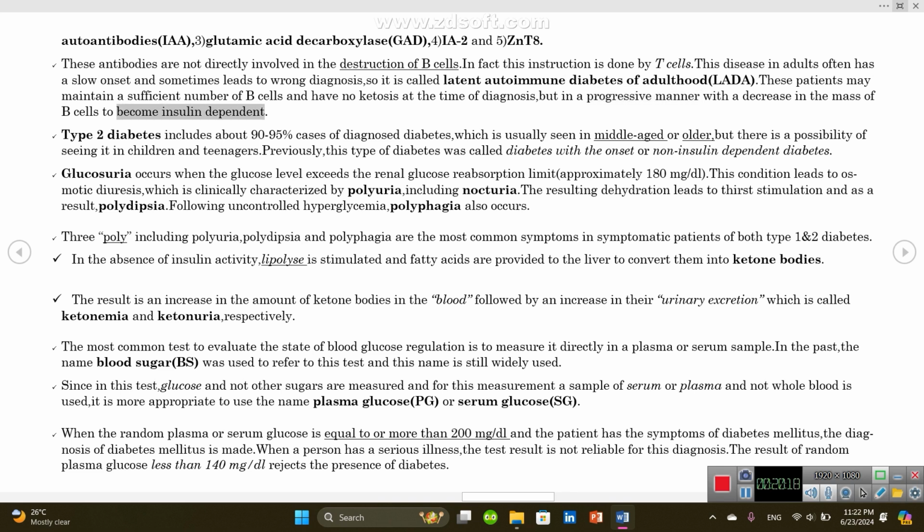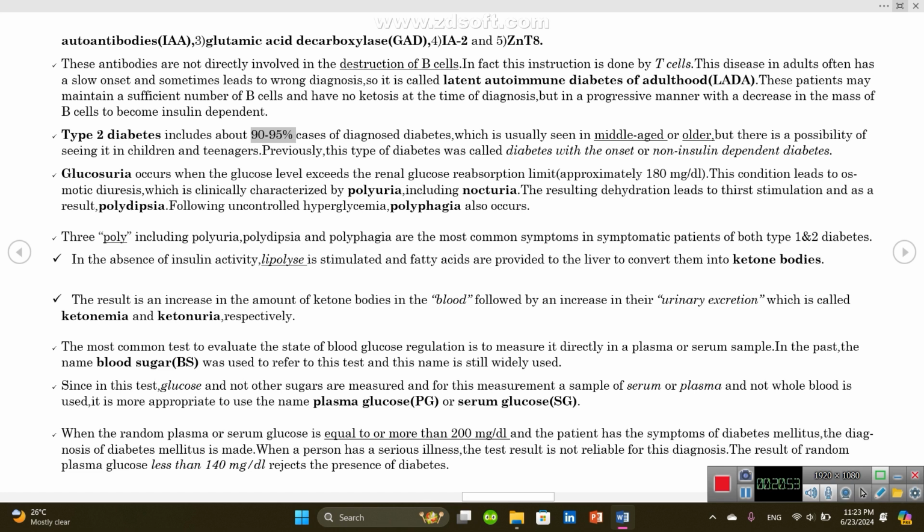Okay, so we've discussed type 1 diabetes, an autoimmune disorder. Let's go to type 2 diabetes. Type 1 diabetes includes only 5% to 10% of cases, but type 2 diabetes includes about 90 to 95%.